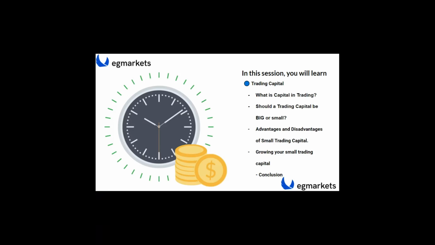Let's use a life example to explain this. To start up a business, you need money. So let's take for instance, you want to start up a trading center, where people can come and just log into the broker and trade. What will you be needing in a trading center? You'll be needing a good, fast, and reliable internet connection.